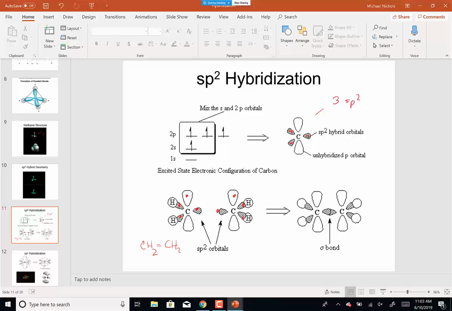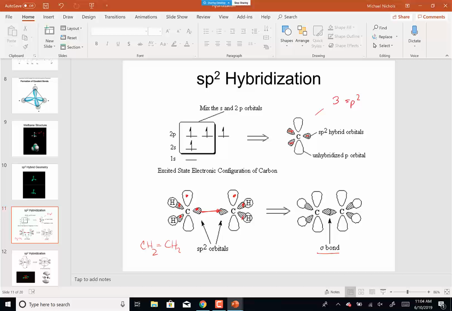All right, so now if I'm forming my bonds, think of this as a Lewis dot structure. I use two of the lone electrons to bond hydrogens on each of the two atoms. I'm going to go ahead and overlap those two to form my single bond. And that's going to form a single bond, which we are now going to call a sigma bond. So what's a sigma bond?